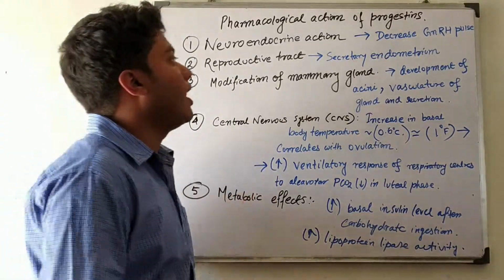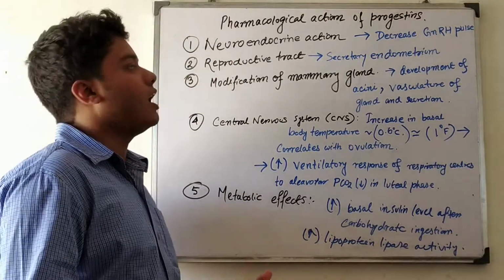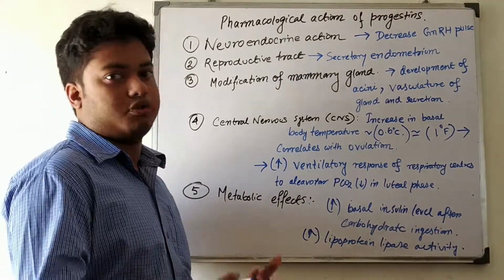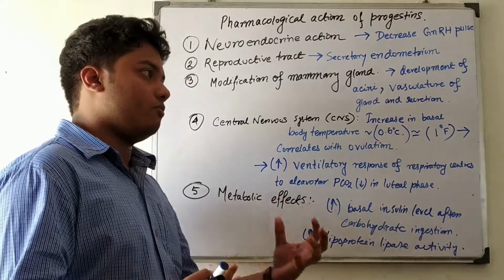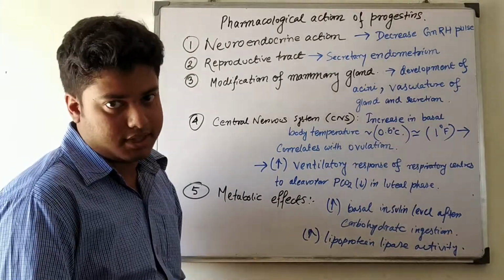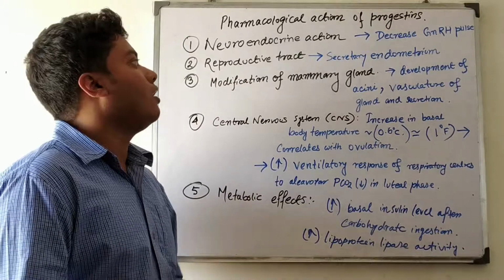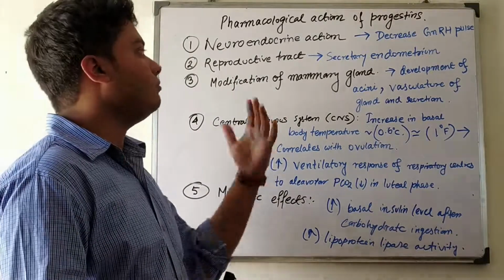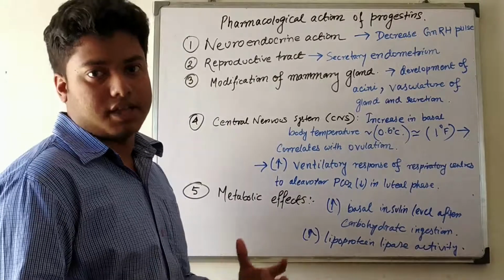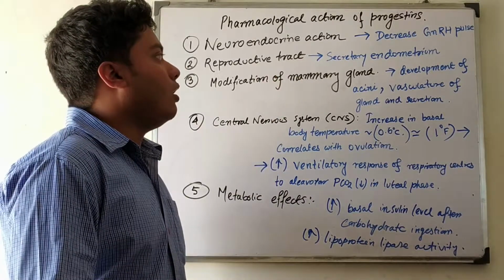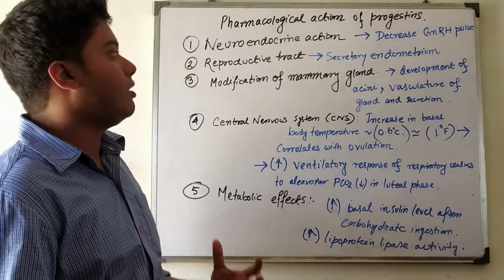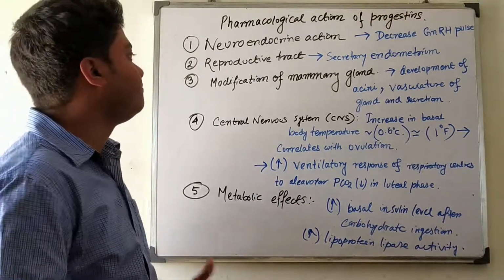In the reproductive tract, estrogen promotes the proliferation of the endometrial cells, and progesterone helps to convert these newly grown cells to a secretory state where they secrete the endometrial secretion.